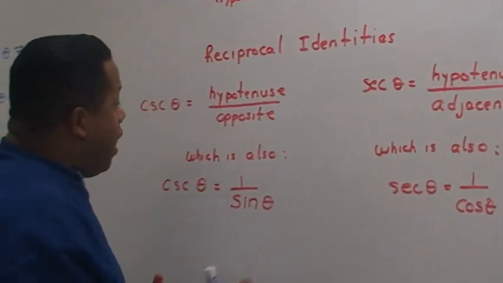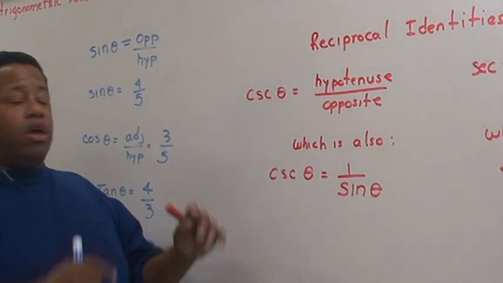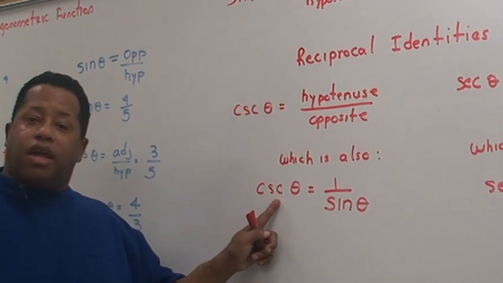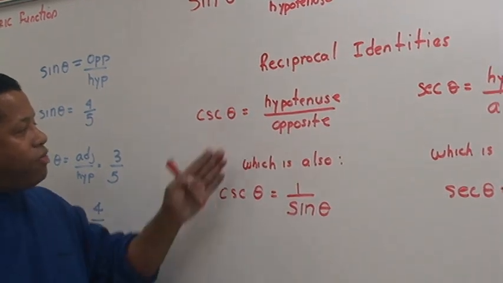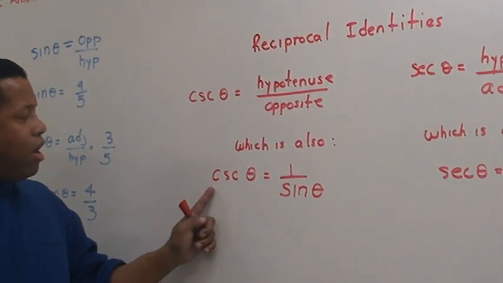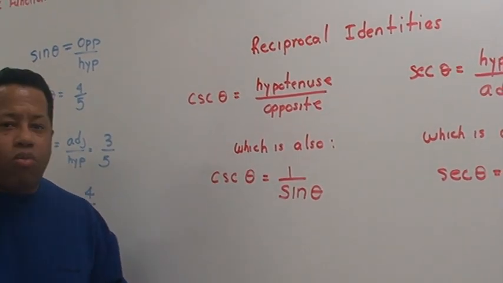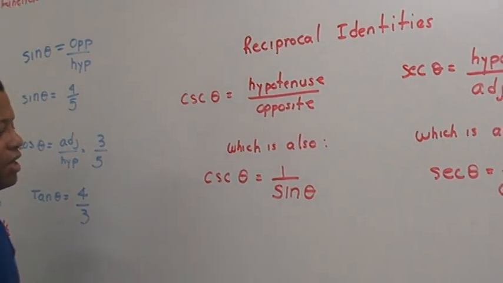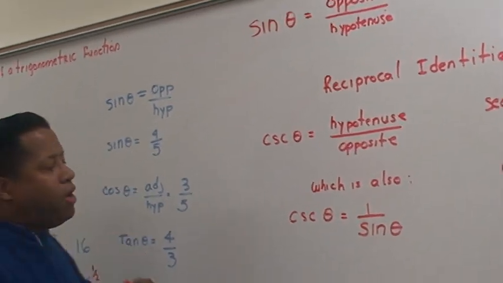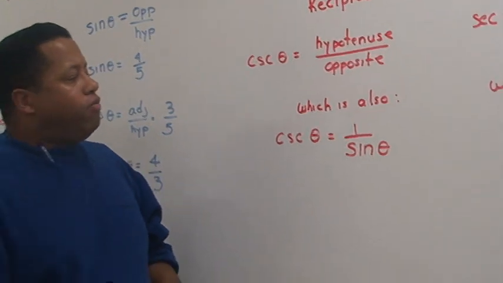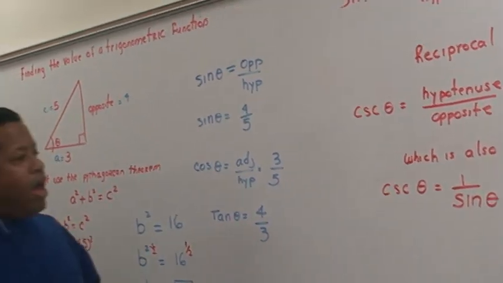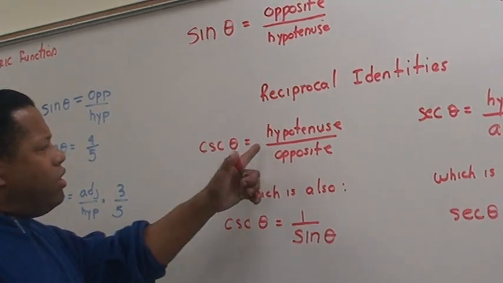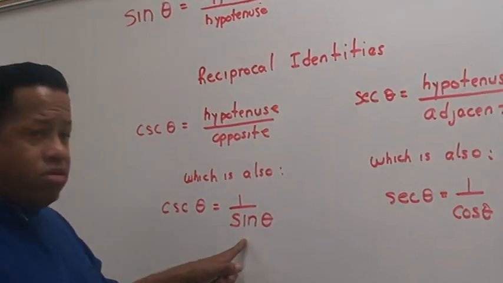You can also use 1 over sine theta, which is 1 over 4/5, and actually do the division of fractions.